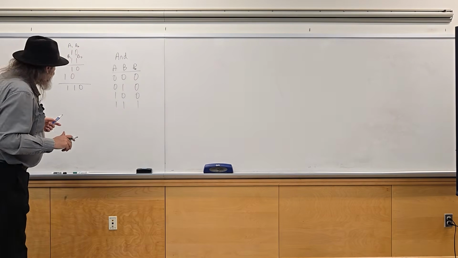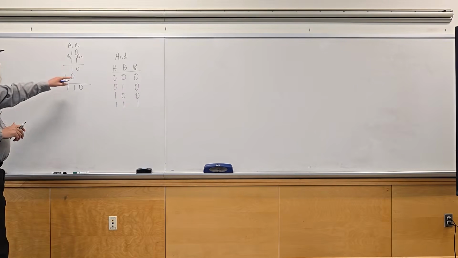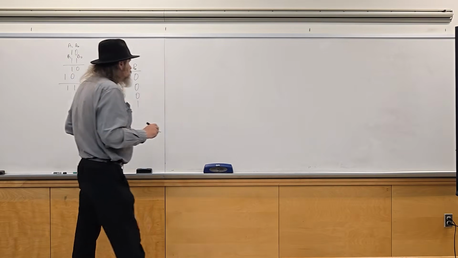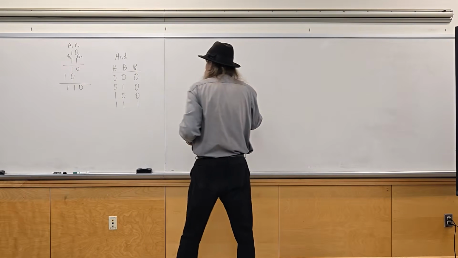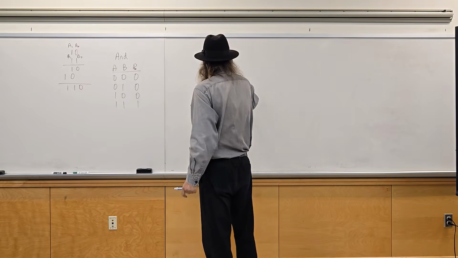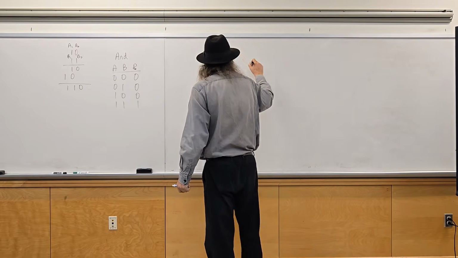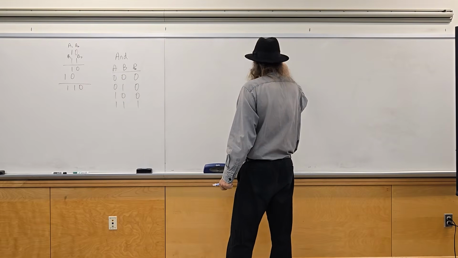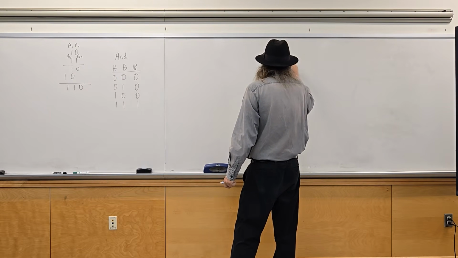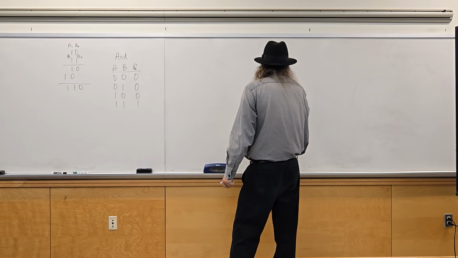So in the first line, you do B0 times A0, right? So A0 to B0 in an AND gate.